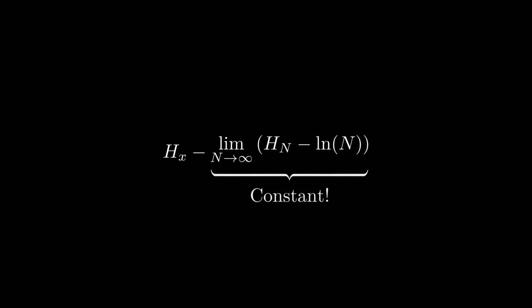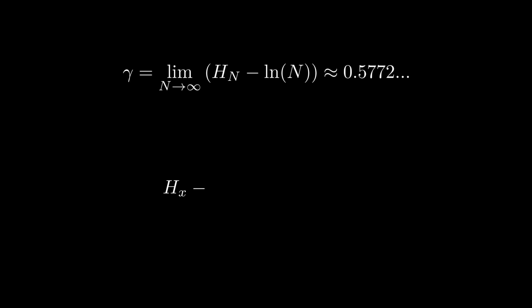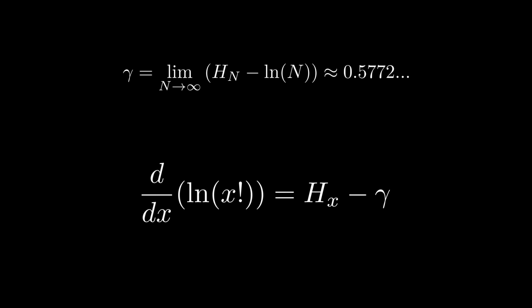I'll represent this constant with the Greek letter gamma, and if we calculate it, we find that it's about 0.577. Bringing this constant back into our expression, we get one of my favorite plot twists in math. The logarithmic derivative of the factorial function is the harmonic numbers minus this constant.